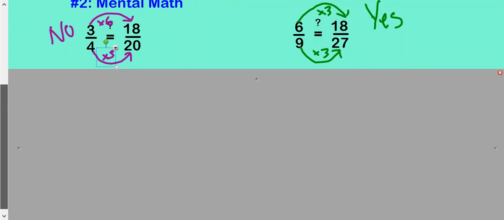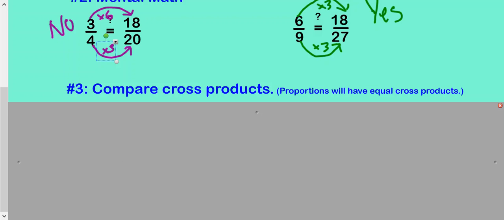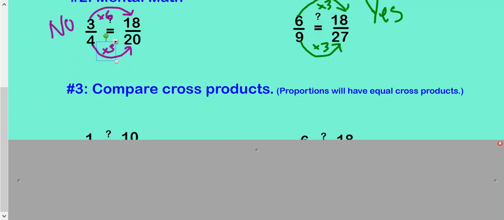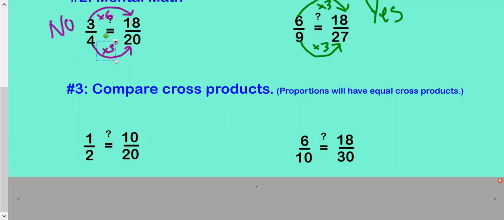All right, and then the last way we can figure out if we have a proportion is to compare cross products. So proportions will have equal cross products. So if we do have a proportion, our cross products need to be equal. And this is the method that I feel is the easiest and quickest to always get us to see if we have a proportion or not.